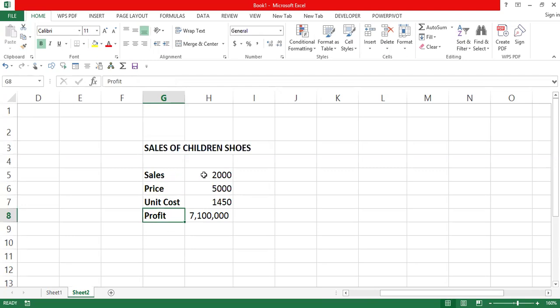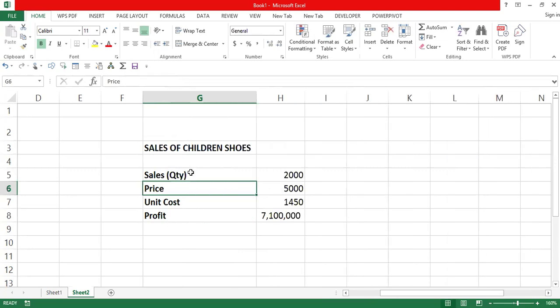You and I know that this sales here is actually quantity sold, right? That's what this sales represents. Price is the price per unit.